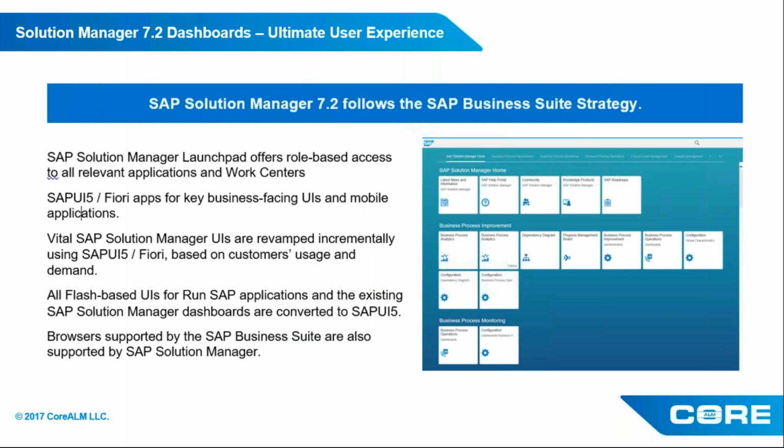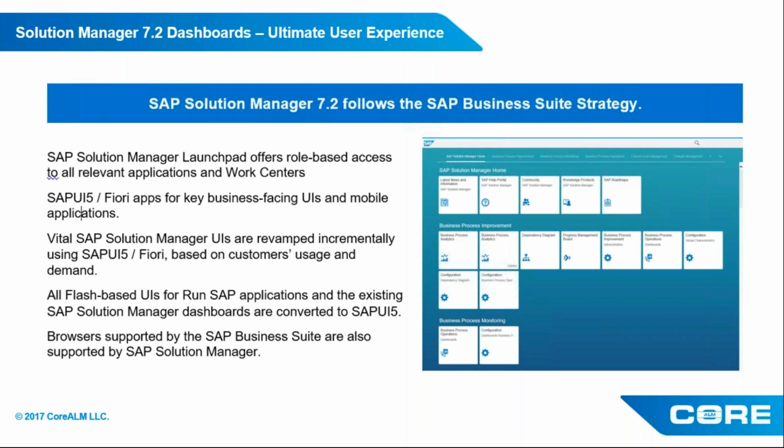Another piece of information about 7.2: it now uses the UI5 Fiori front end, which makes it a lot easier. You've probably heard from SAP a lot of information about how we want to make it more simple and easier to use. One of those things is really incorporated in 7.2, and it's the Fiori tiles that allow you to navigate easier within Solution Manager.